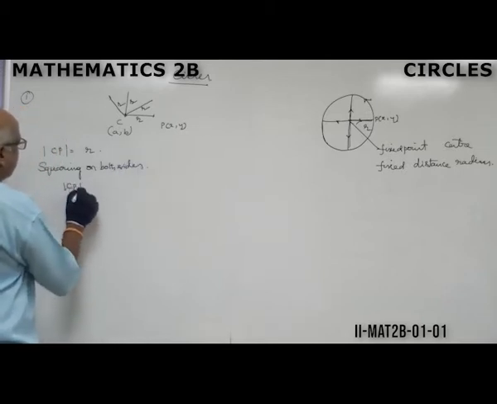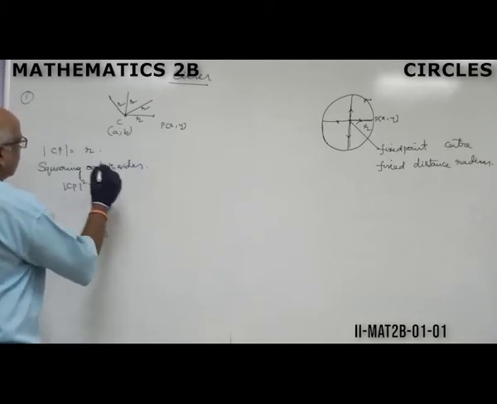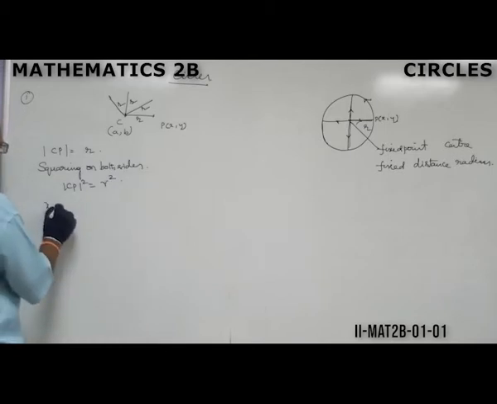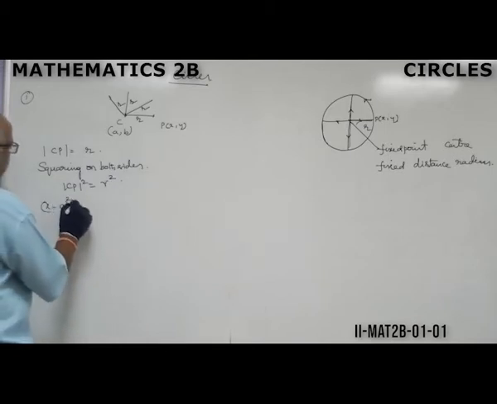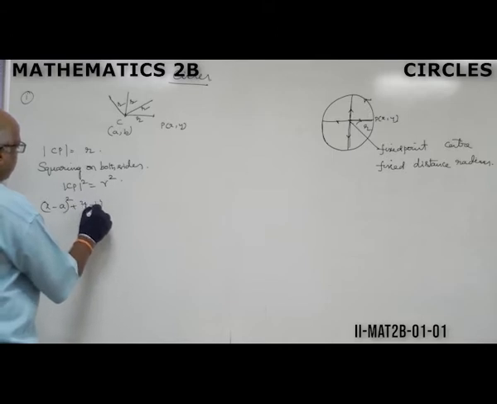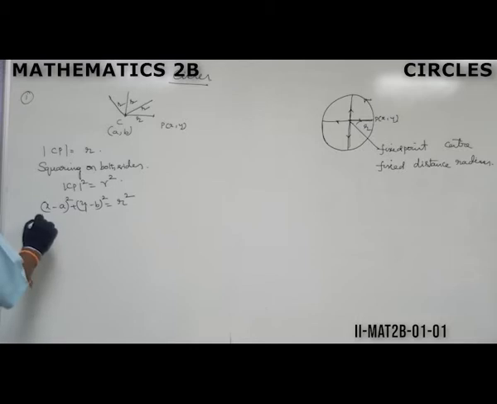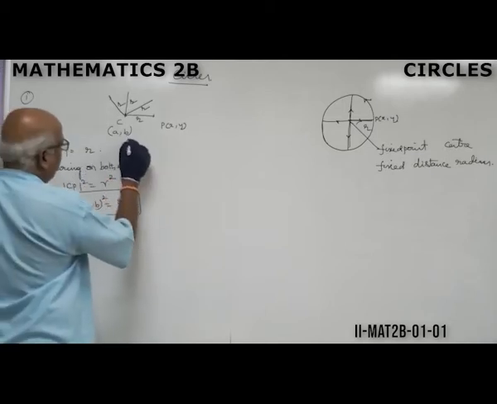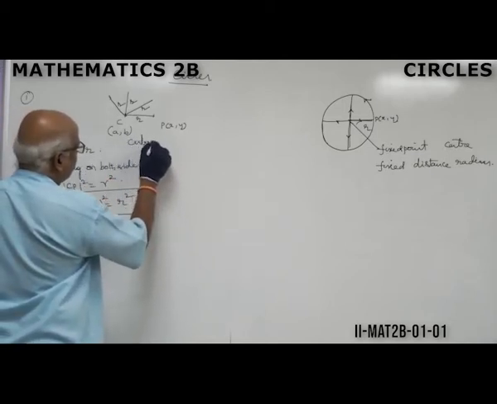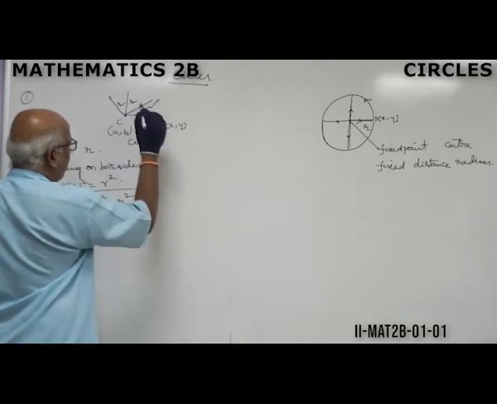CP square equals r square. What is CP square? (x minus a) whole square plus (y minus b) whole square equals how much? r square. Expanding this one, or we can take this as a formula for finding the equation of the circle when the center coordinates are (a, b) and the radius is r.